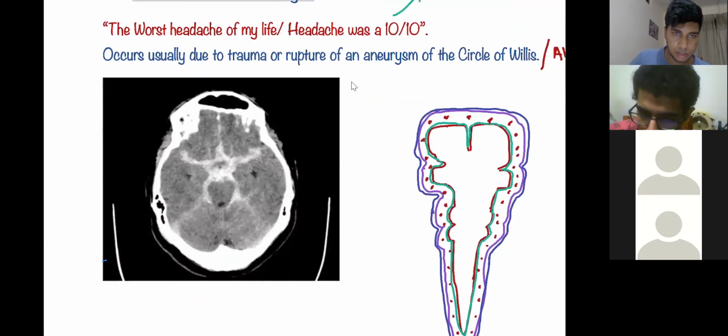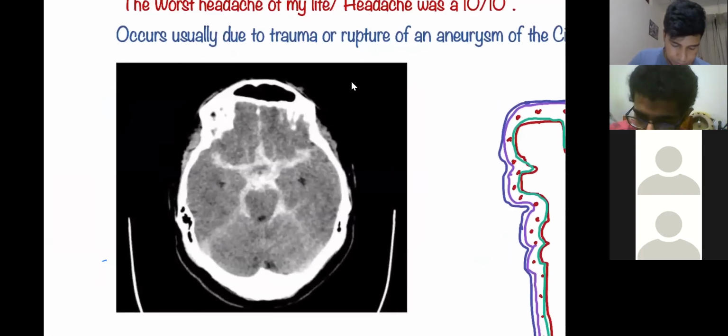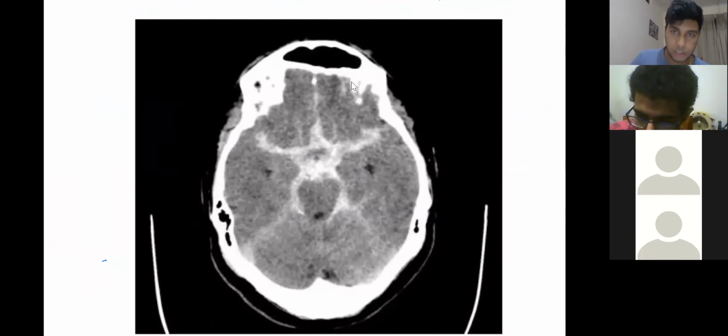You can see the bleeding has caused the circle of Willis to be beautifully illuminated. The bleeding has caused the blood to go around that area, and you can see it illuminated like this.